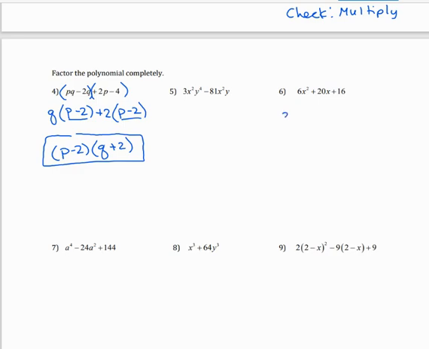So we're going to take out a 2, and I'm left with 3x squared plus 10x plus 8. So from here, I'll look to see, can I continue factoring this trinomial? And so this trinomial has a leading coefficient. So I can use factoring by guess and check, or I can use factoring by grouping method. Okay, and I'll do both.